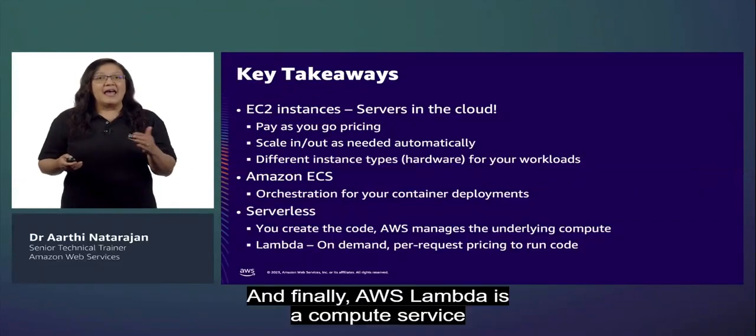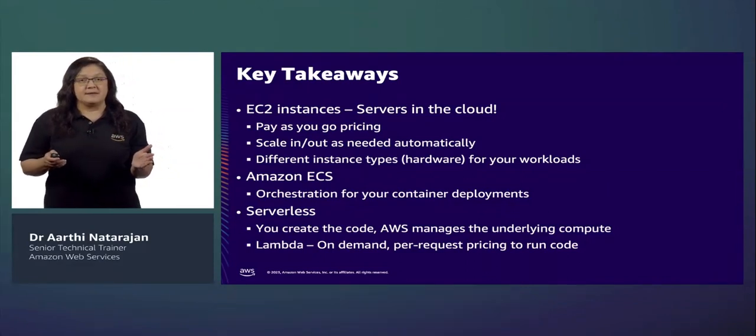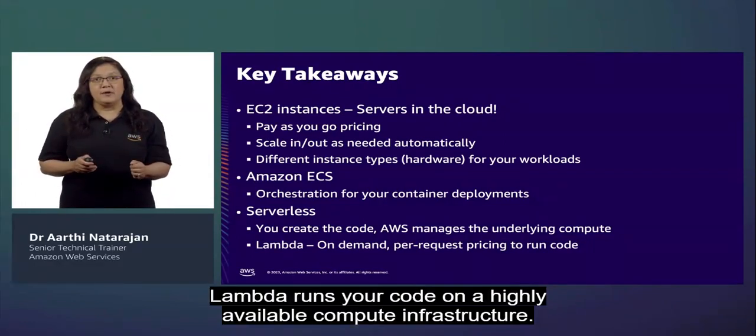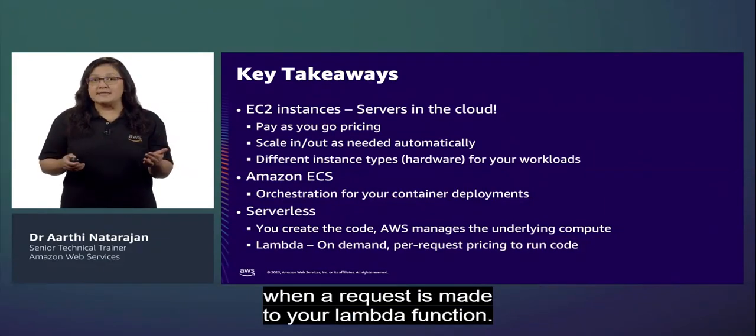And finally, AWS Lambda is a compute service that lets you run code without provisioning or managing servers. Lambda runs your code on a highly available compute infrastructure. You only pay for the compute time that you consume when a request is made to your Lambda function.